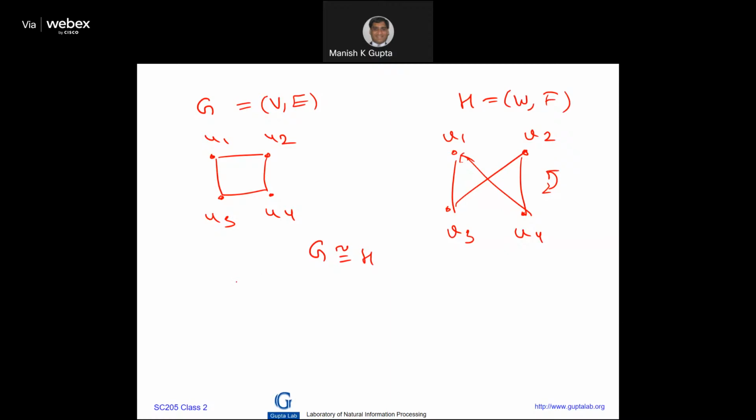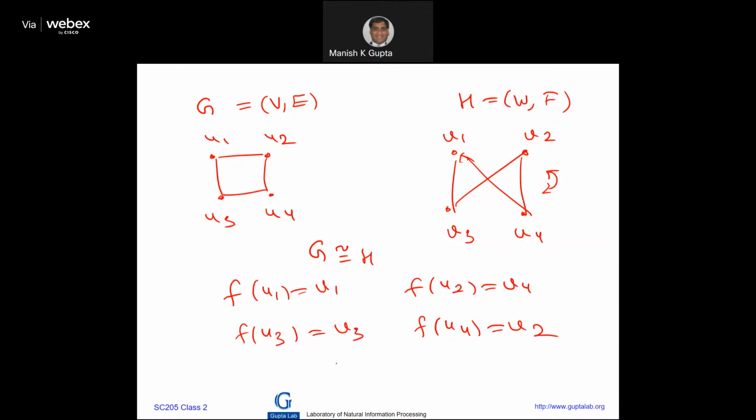More formally, there is a function such that f of u1 is equal to v1, f of u2 is equal to v4, f of u3 is equal to v3, and f of u4 is equal to v2. This function f is one-to-one and onto.